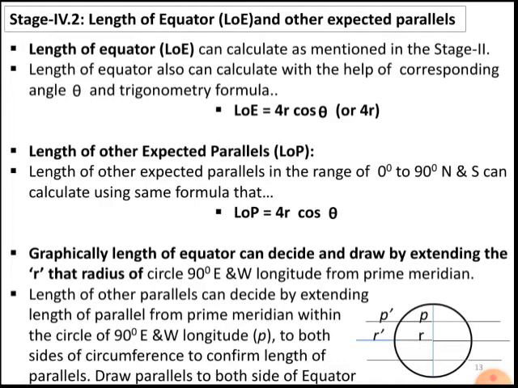Now 4r cos theta is equal to 4r because the equator's angle is 0 and cos 0 is 1. So if you multiply 1 by 4r, the answer will be the same. In this way you can find the length of the equator, right? Once you find the length of the equator, you can plot it equally on both sides from the central meridian, and you can achieve the total length of the equator.